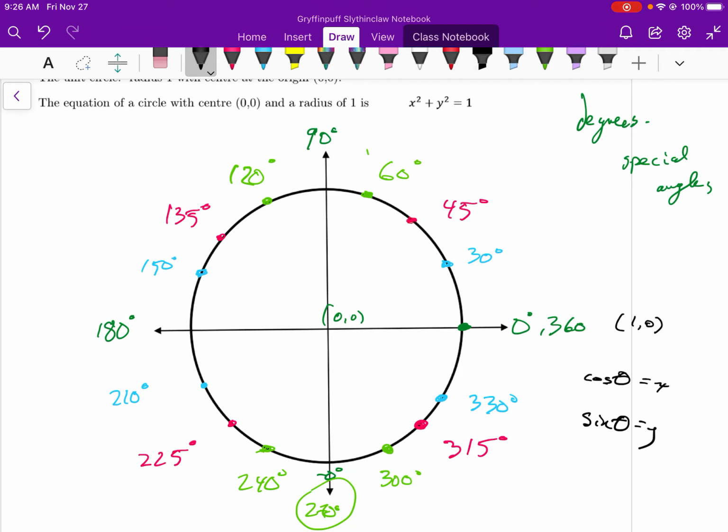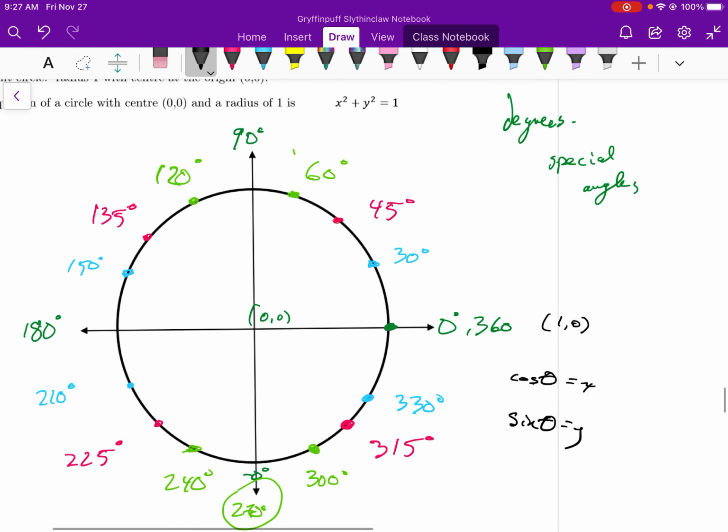Now, a lot of people have a difficult time locating the x and y coordinates. What I would like to reiterate is that the x and y coordinates remain the same provided that you stay in the same family. That is, if I'm in the red family or the 45-degree angle family, in that position, the xy coordinates are always going to be 1 over root 2, comma, 1 over root 2. We're okay with that.